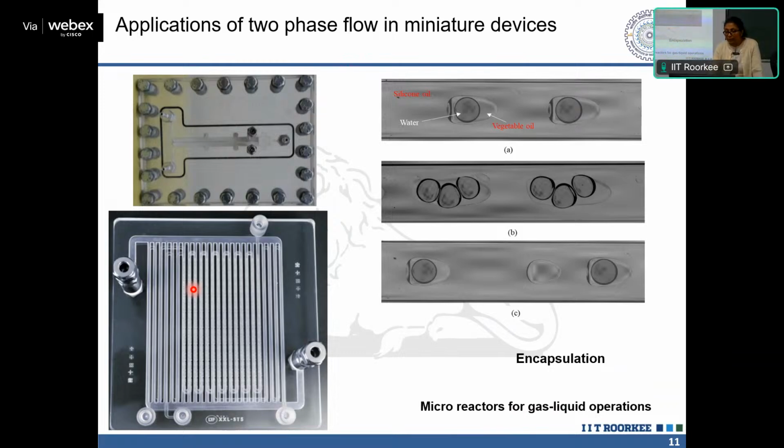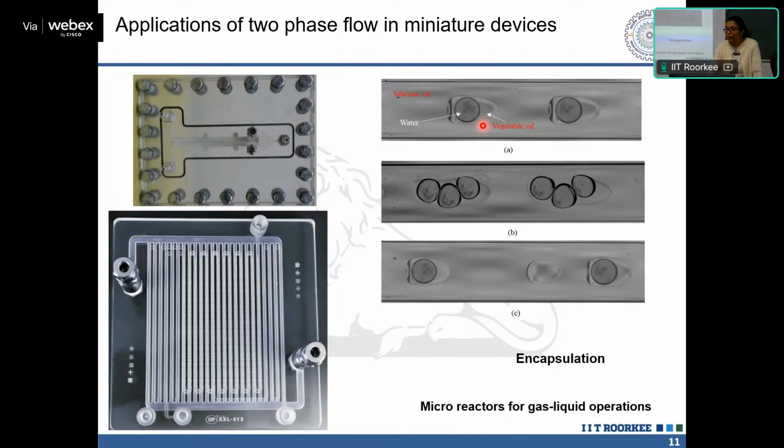Okay, this is for the liquid-liquid distribution that is obtained in case of a miniature tube. If you look here, it is a plug with a drop inside it. Okay, so effectively it's a three-phase flow. It's forming an encapsulation of a liquid inside a liquid.